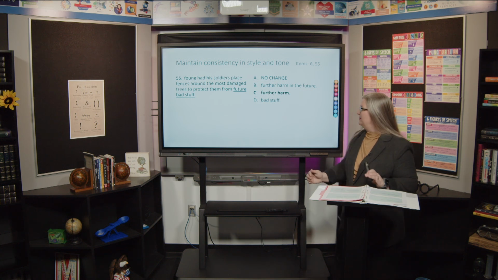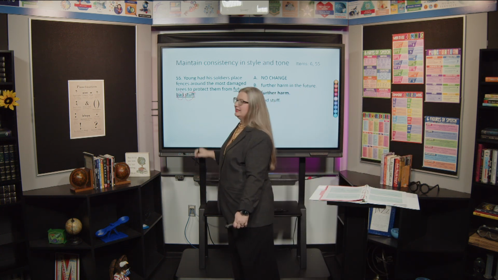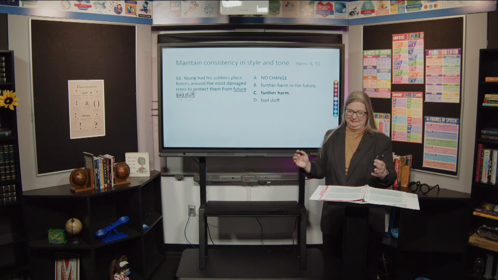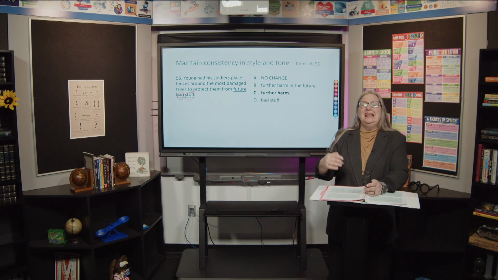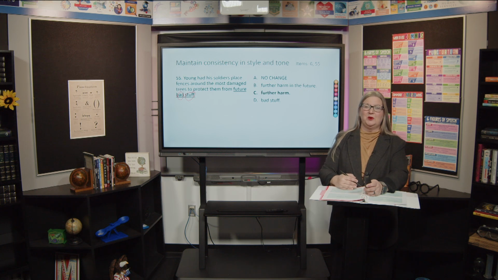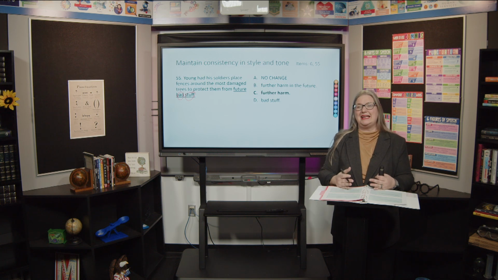No, it does not, because the words stuff and bad are the worst words that you could choose. It's not formal in any way, shape, or form. It might be a way that you would respond to one of your friends about something that they're trying to get you to do, and you'd be like, ooh, that's bad stuff, I ain't touching that. And so that maintains the style that you're comfortable with in your everyday language.